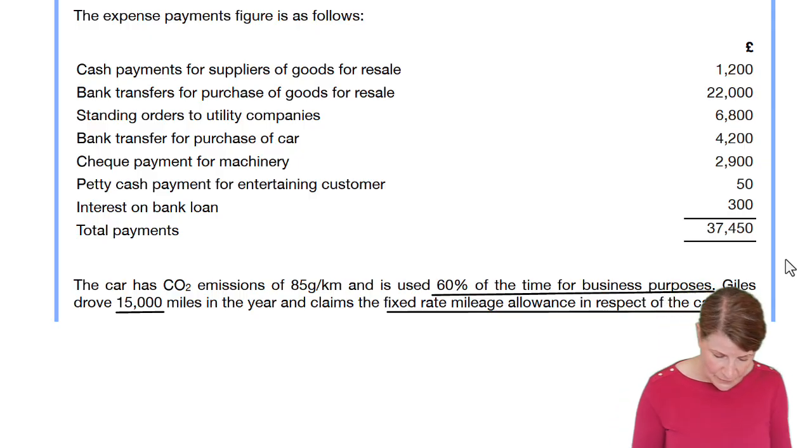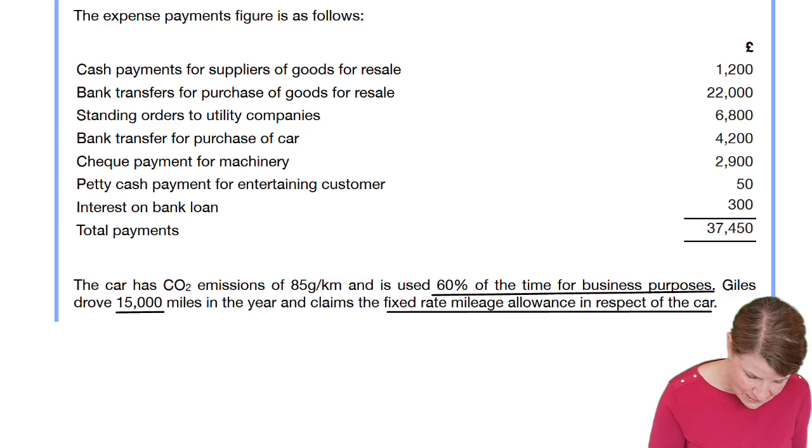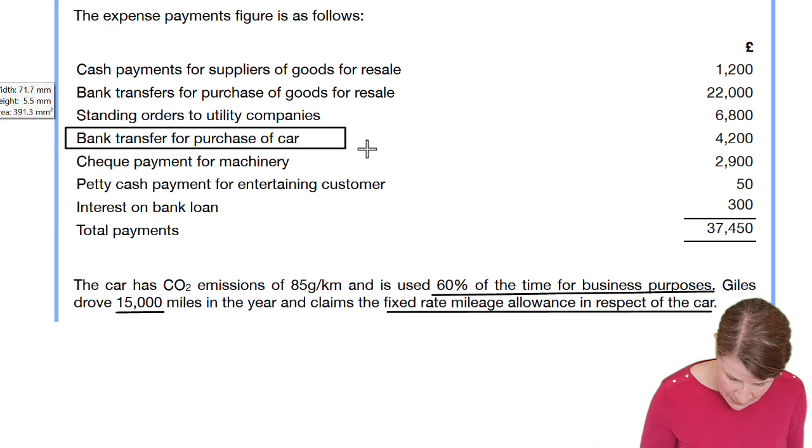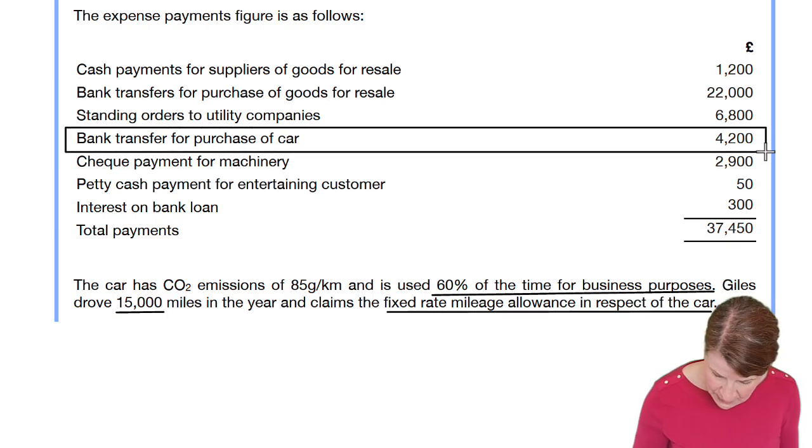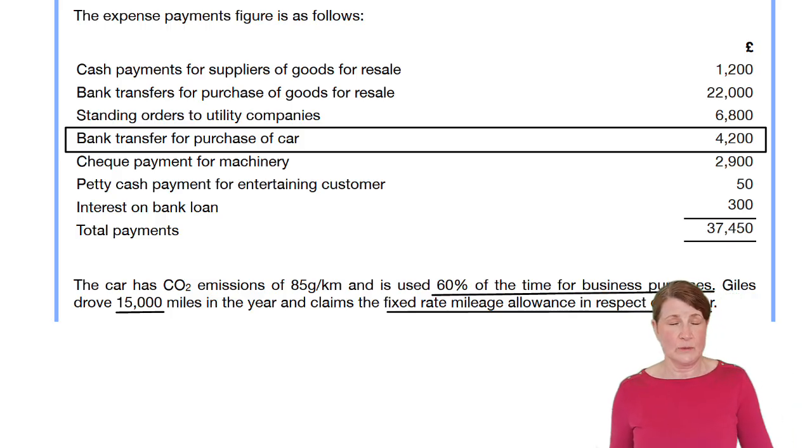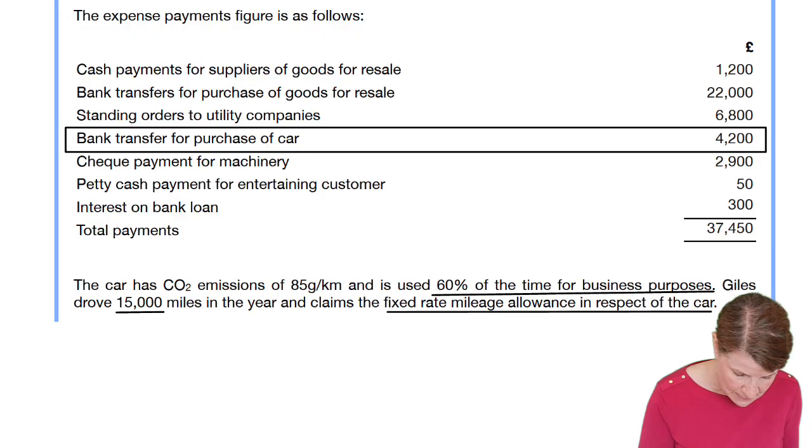Bank transfer for the purchase of a car. Now, if this was for the purchase of a van, that would be fine. If it was for the purchase of a computer or a machine, that would be fine. The fact that it's a car means that it's not fine. So therefore we cannot have that as an expense, and therefore we need to add it back.